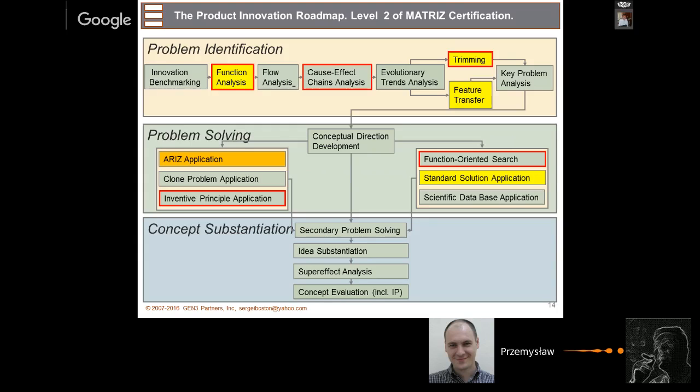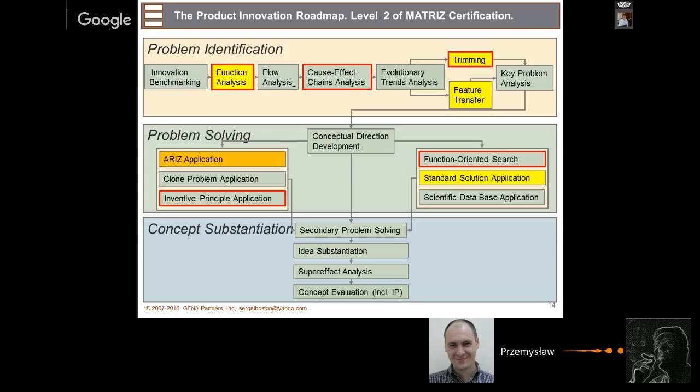And as we remodel the same problem all these different ways, we have a chance to use all these different tools: the contradiction matrix, standard solutions, resolving physical contradictions, and other things. That's why ARIZ is usually used on difficult problems, because we use everything. No stone remains unturned. That is why it usually generates more ideas than any other TRIZ tool.